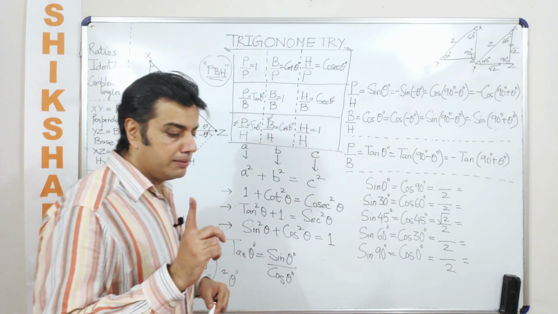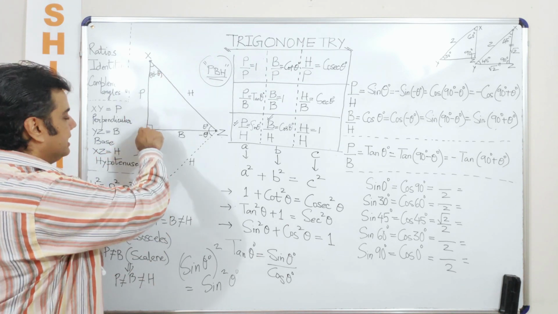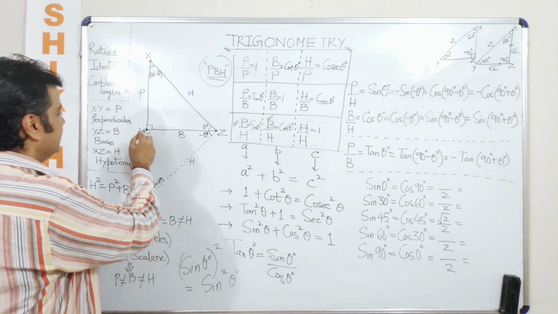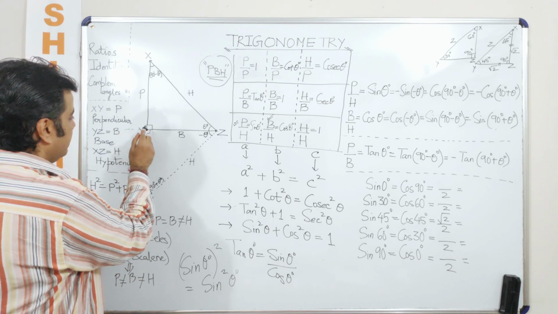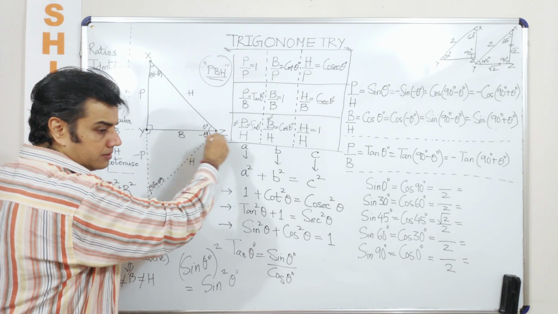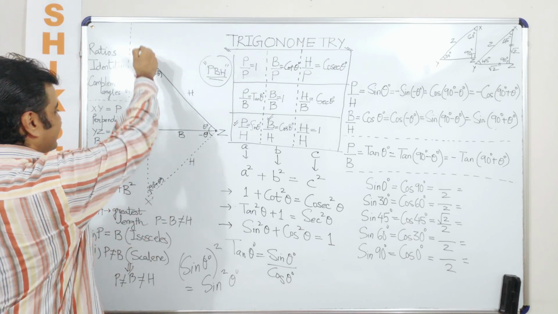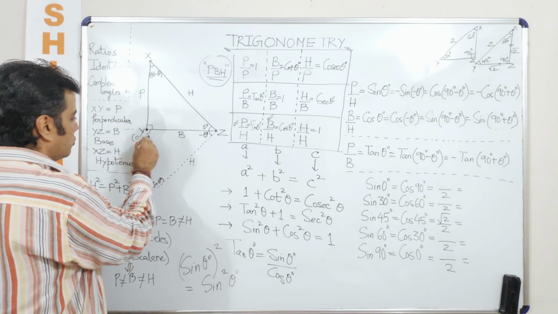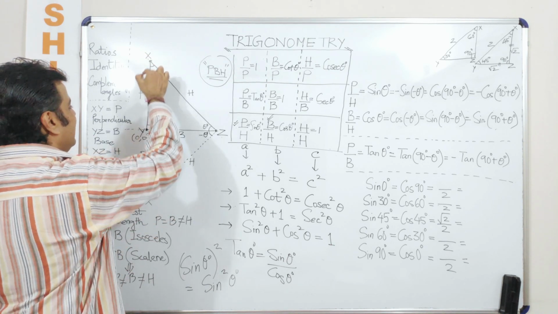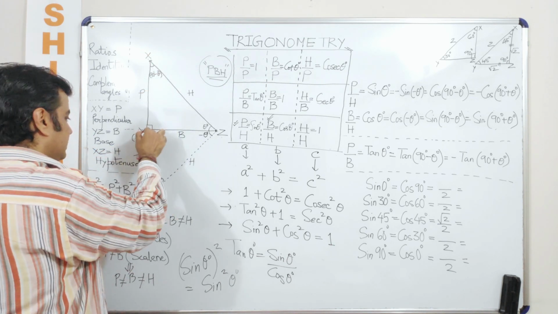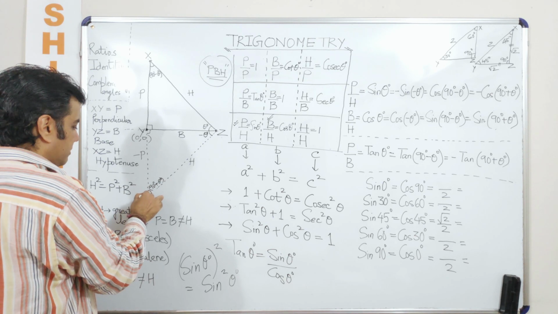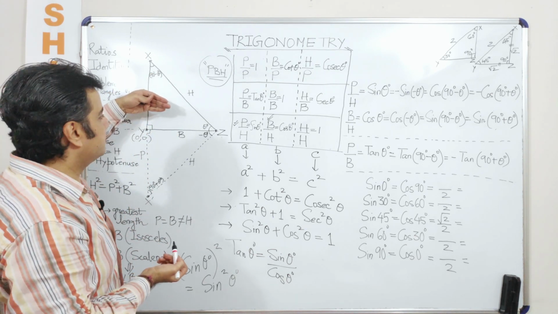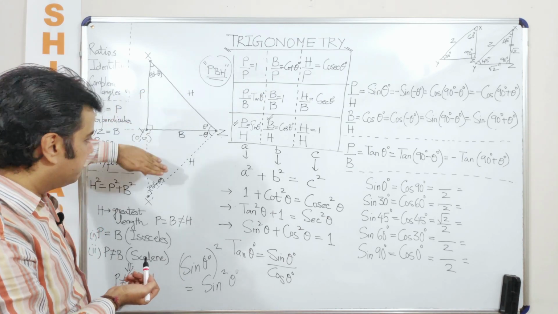But before that, what I'm suggesting here is, I have taken this triangle and I have made a symmetric triangle. So what I'm assuming here is, let us say this is my x-axis, this is my y-axis, and this is the point of intersection of both the axes, which is 0, 0. So if this length is P, this length will also be P. I have taken a point X dash. I have drawn the similar triangle. So what am I suggesting? I'm suggesting you to take the water image.